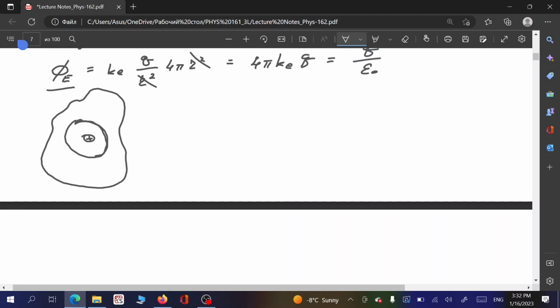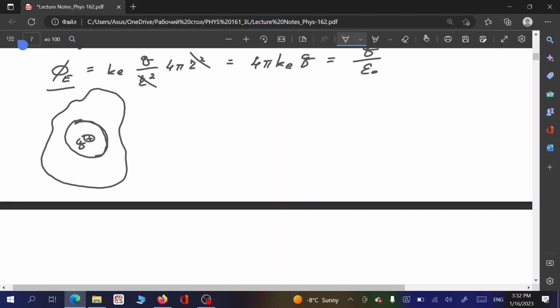So we are talking about positive charge at this point. The number of electric field lines which are coming out of it will be proportional to electric charge. So we have a defined electric charge, let's say it's some charge Q. That means we will have a defined number of electric field lines coming out from this charge.